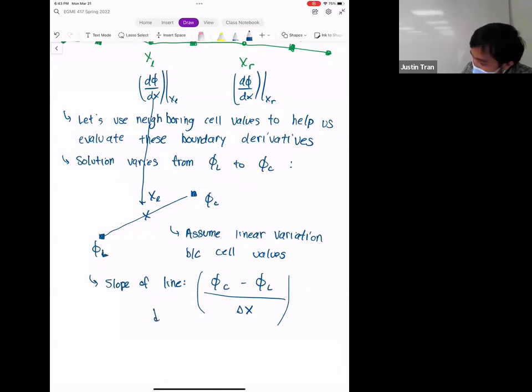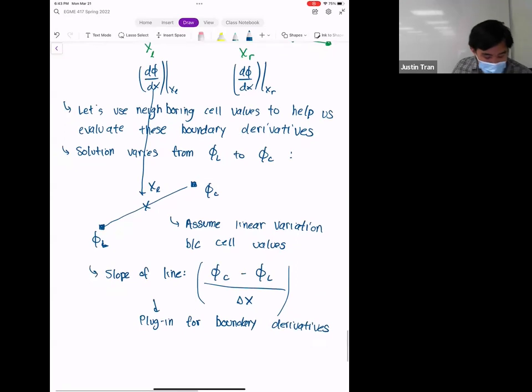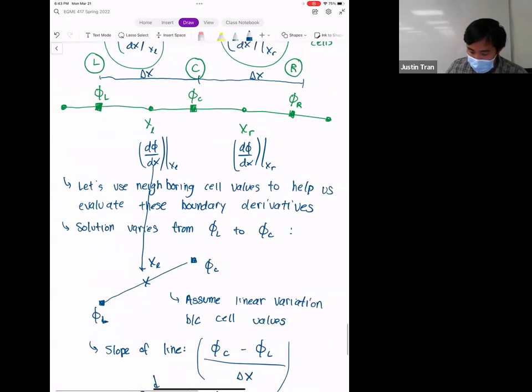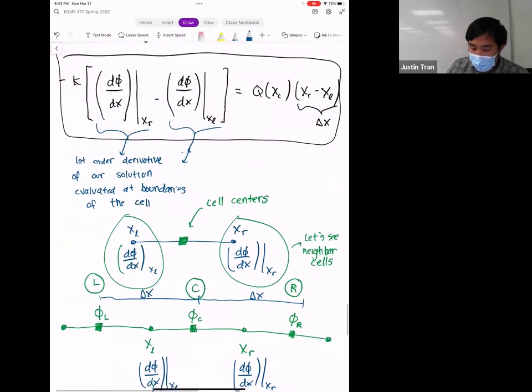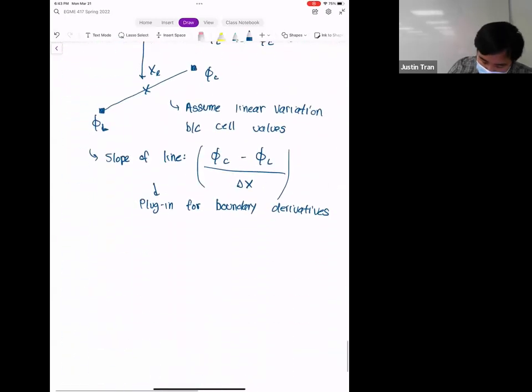And so what we can do is take these slopes and plug in for boundary derivatives. All right, so let's go ahead and do that really quickly. The first thing that we have here is a minus k, d phi dx at x sub r.